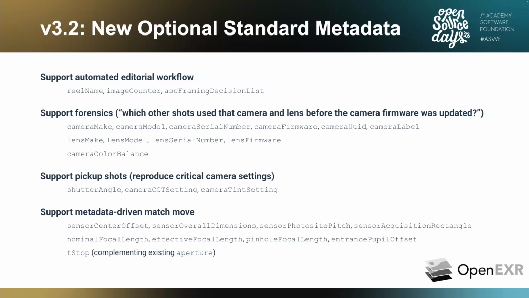If you have to do a pickup shot, we can record some of the key camera settings. And if you are doing metadata-driven match move, which the Foundry has done some amazing demos of, we are providing a host of attributes there. Next slide, please.